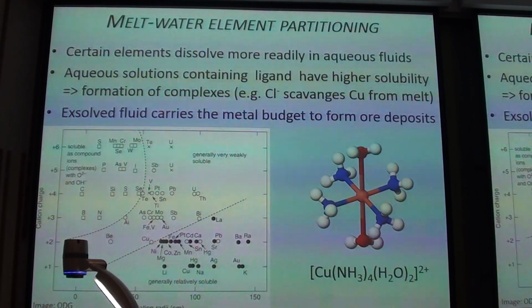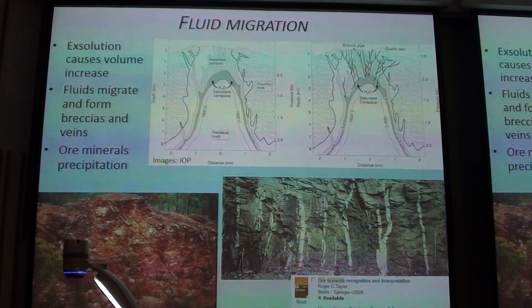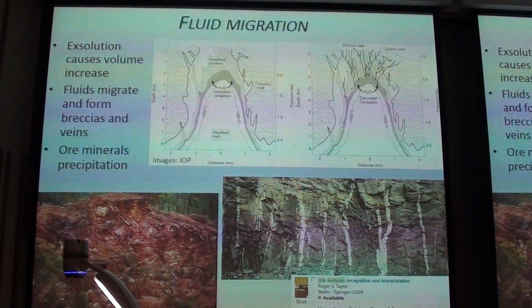So once we have these saline aqueous solutions that contain metals as complexes, we can remove them and make them precipitate the metals that we want. Now, what happens when we separate the melt and the water is that we increase the volume.